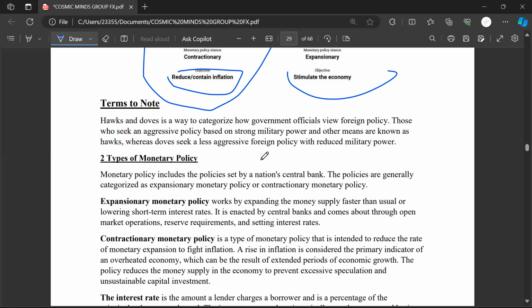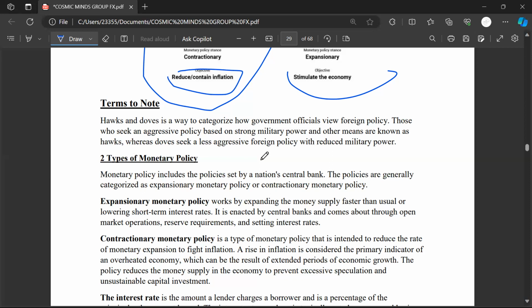When you say monetary policies, as in helping the economy, if the economy is weak, they have a way of going around it. If the economy is too strong, they have a way of organizing it, pumping more money into the system or reducing the money flow in the system. Basically, you are an amateur, so I'm going to keep it as simple as this.